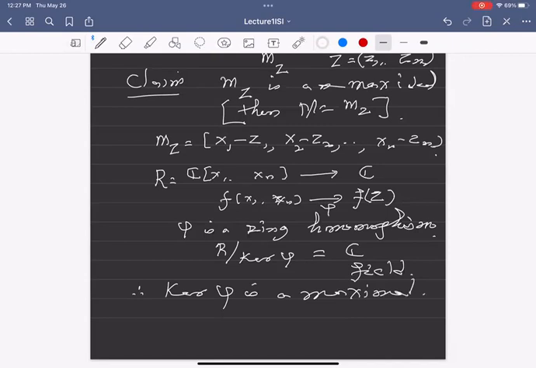But kernel phi contains x1 minus z1, up to xn minus zn, so it contains the ideal mz. I mean, mz is contained in kernel phi.